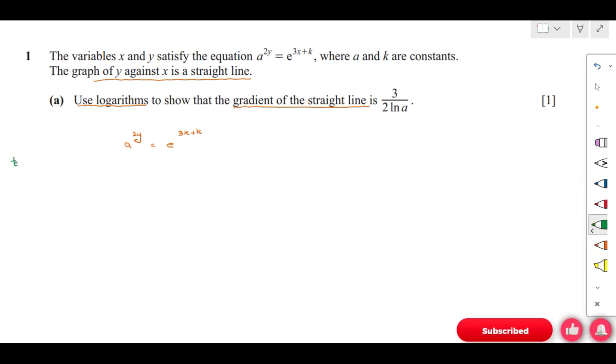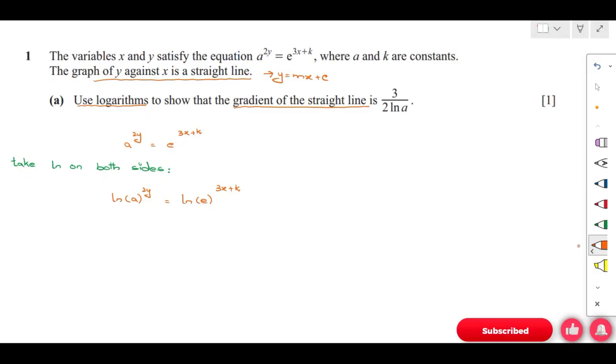So natural log of a to the power 2y equals natural log of e to the power 3x plus k, because the graph of y against x is a straight line. If it is a straight line, you have an equation y equals mx plus some y-intercept c, and the gradient means that m value.